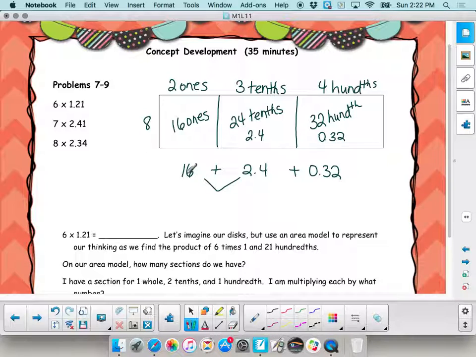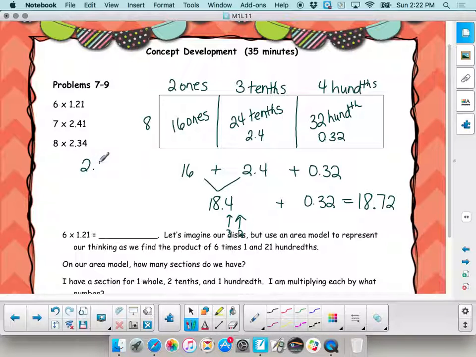What's 16 plus 2.4? 18.4 plus 32 hundredths. So I will add a 3 to the tenths place and a 2 to the hundredths place. So it's going to be 18 and 3 plus 4 is 7, and a 2, 18 and 72 hundredths.